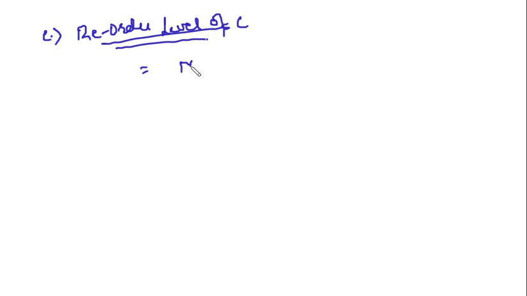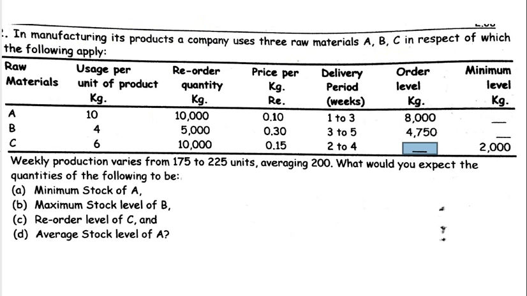Reorder level is equal to maximum consumption multiplied by maximum lead time. Now for C, tell me what is the maximum consumption. If you produce maximum units, 225 units, how much C will be consumed? 6 per unit.